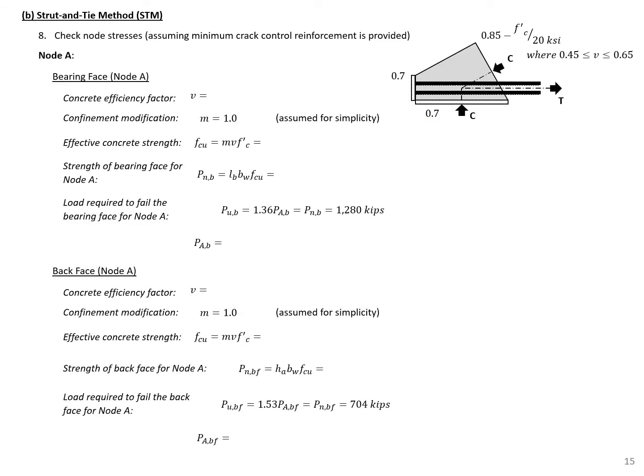On this slide, we'll also find the bearing face and back face capacities. So the concrete efficiency factor for both of these faces in a CCT node is 0.7, so we can fill in those values. We're going to assume concrete modification factors of 1.0 again.